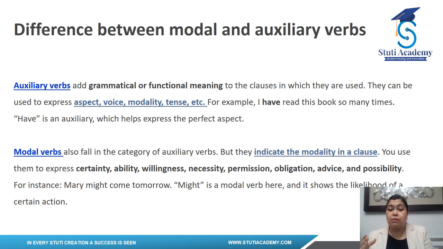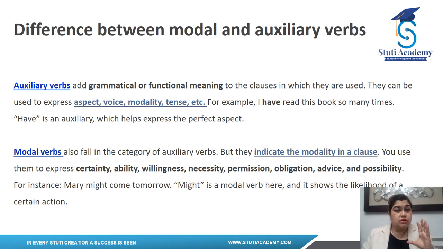You're talking about I have read. Reading is an action, so it is the principal verb. And the auxiliary verb is have, which expresses the perfect aspect.